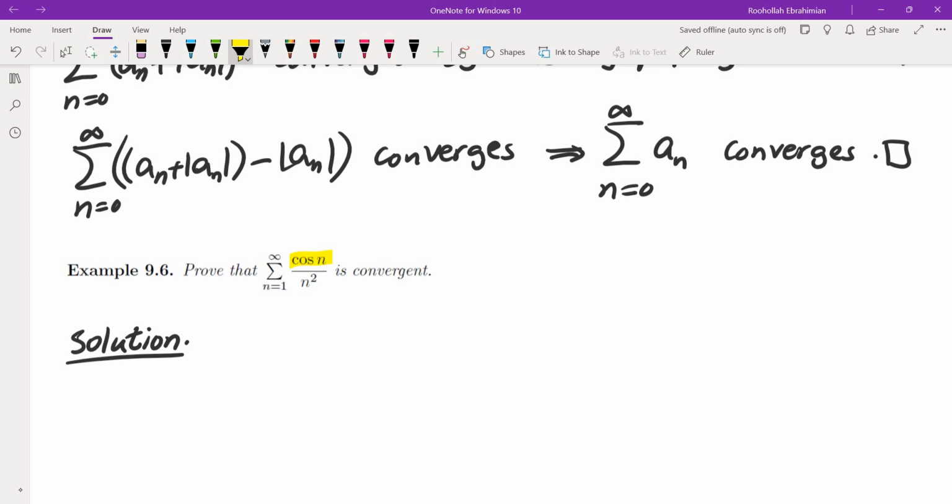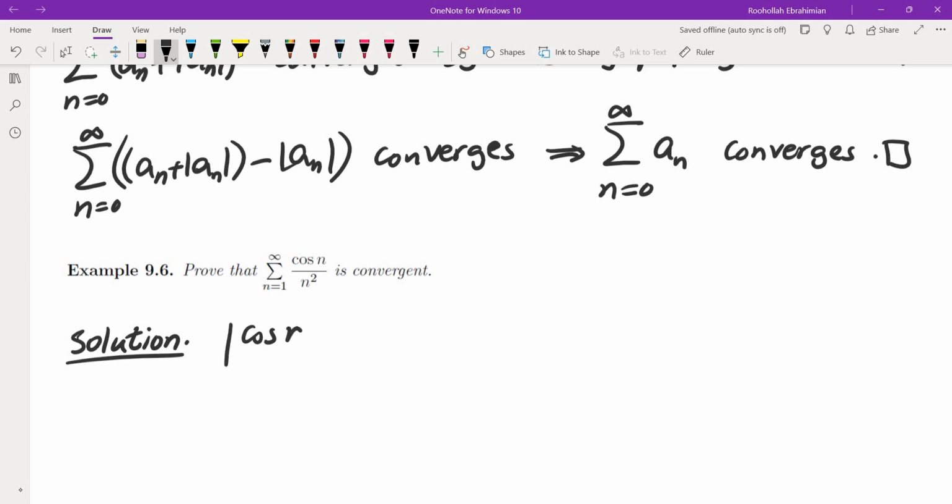If you look at the graph of cosine, it doesn't really alternate. It goes from positive to negative with no pattern. So we can't use the alternating series test, but we can take its absolute value and compare it.